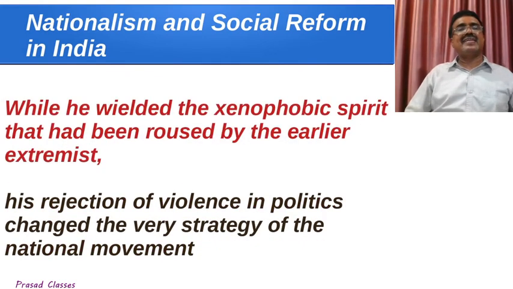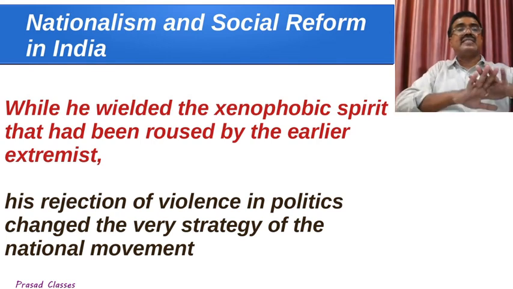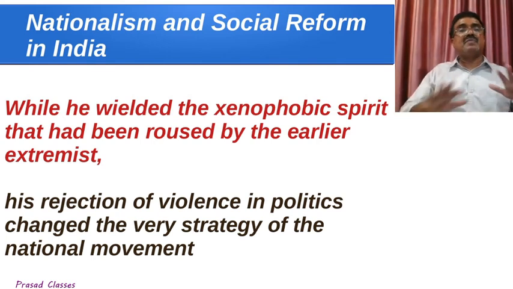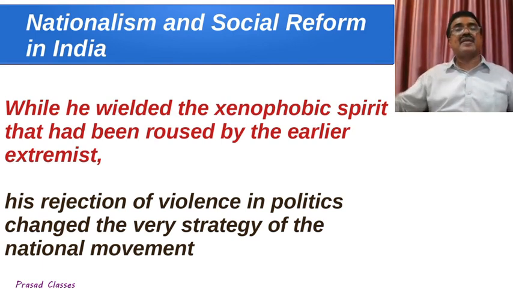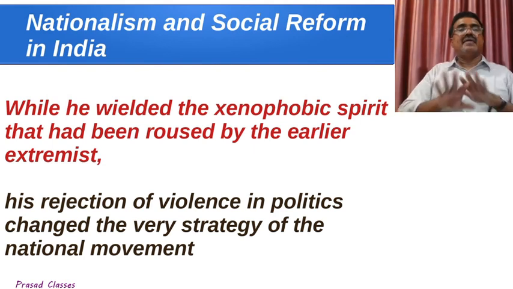He wielded the xenophobic spirit and the cultural identity that had been roused by the earlier extremists, right? His rejection of violence in politics changed the very strategy of the national extremist movement. There were different strands which advocated armed struggle or some sort of fighting, that he completely renounced, and he rejected violence completely.